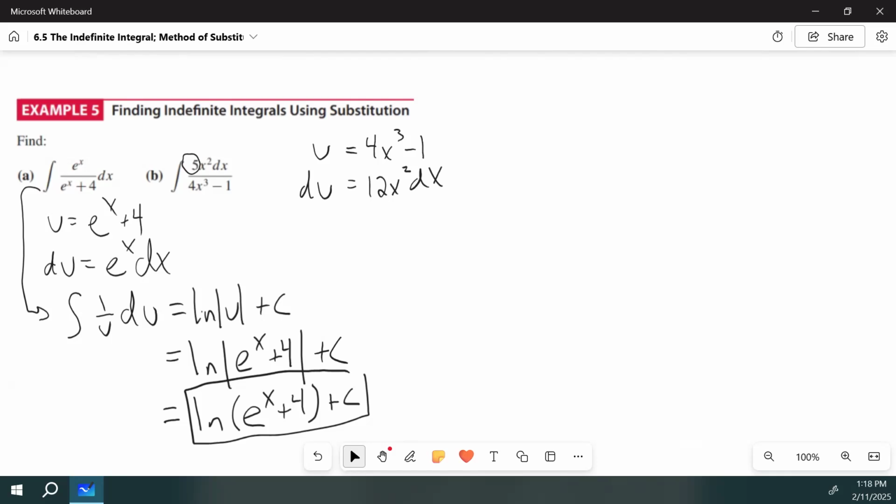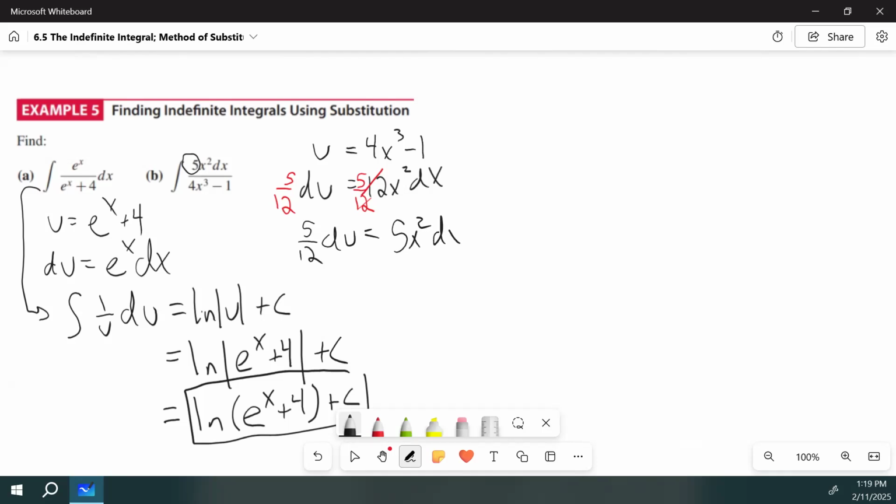So what we could do is multiply both sides of the differentials by 5/12. Okay, if I multiply by 5/12 on both sides, the 12s here are going to cancel, leaving a 5 so that things line up. Okay, so you'd have 5/12 du equals 5x squared dx.